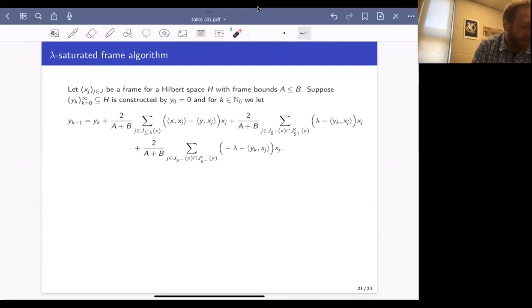With our frame algorithm, we can choose any coefficients we want. I'm supposing I start with a frame with frame bounds A and B, and I'm using the best coefficients for the frame algorithm for the frame I start with. So it's a natural choice of coefficients.